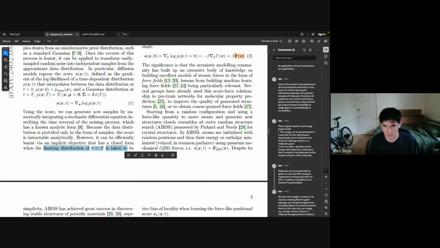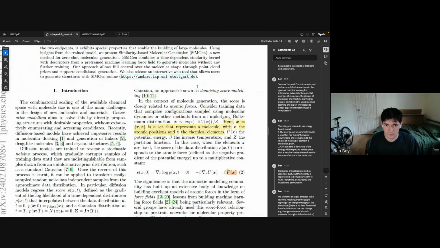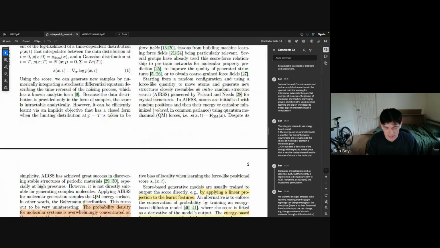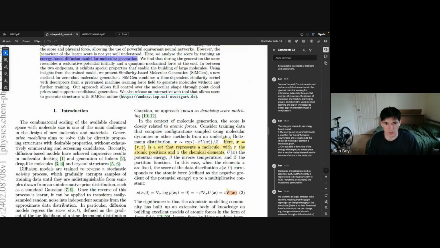So it's a restorative force. Initially, that's at time t equals big T. But remember, in diffusion, we're going backwards in time because with noise now we're denoising. So restorative potential at t equals big T. And then we're going to take time backwards and go towards a more physical potential, which is closely related to this quantum mechanical force at the end at time t equals 0.